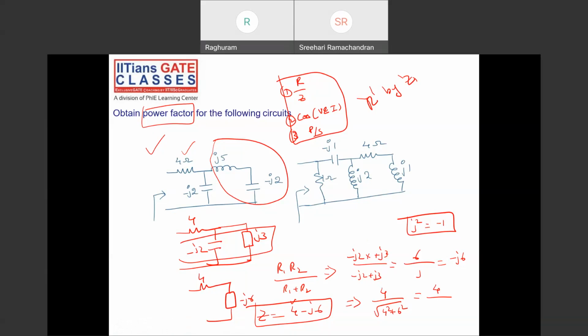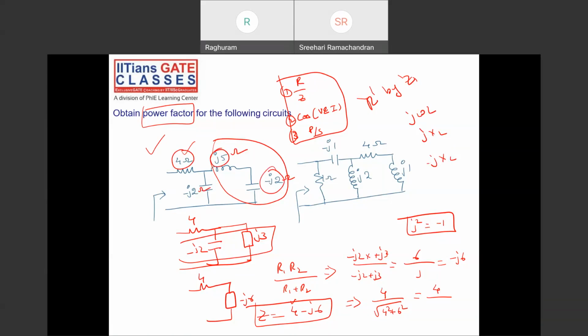So is J5 the inductance value? See, whenever you see it in terms of J, these are all ohms. J omega L or J XL, J XC.